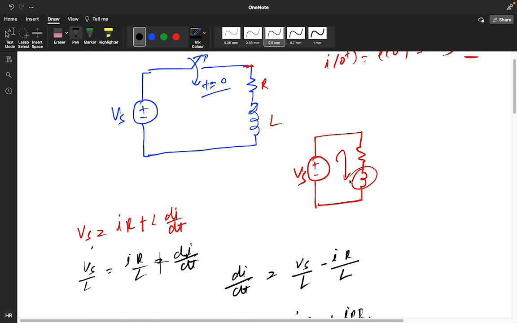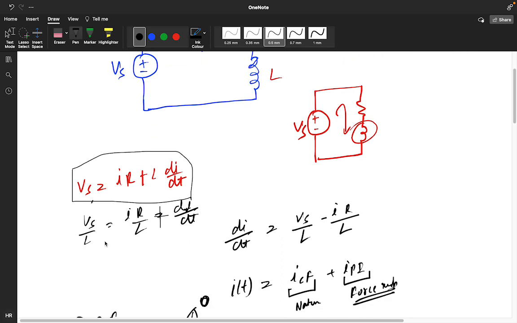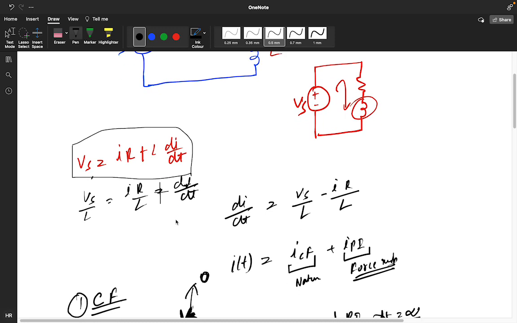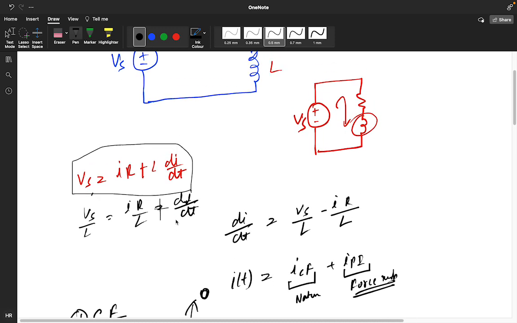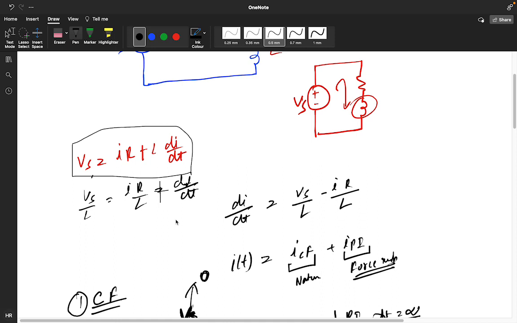Now we wrote the differential equation of this circuit: Vs by L plus I into R by L plus di by dt. I hope you remember the form dy by dx.